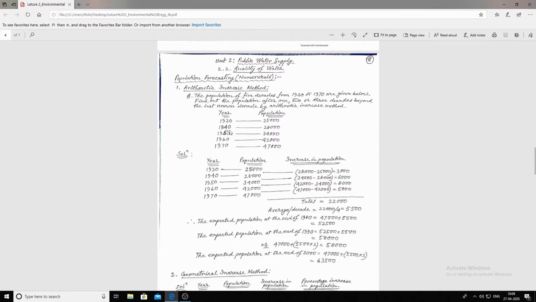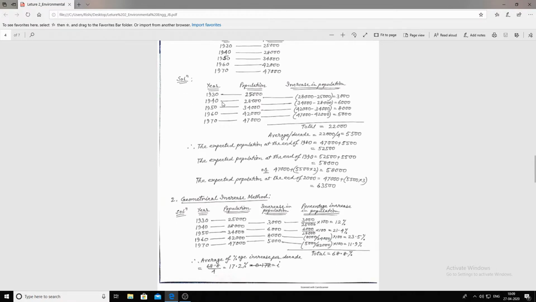So, these are years from 1930 to 1970 and the corresponding population are given over here. Now, following the arithmetic increase method, we shall predict the future population. So, these are years and population.